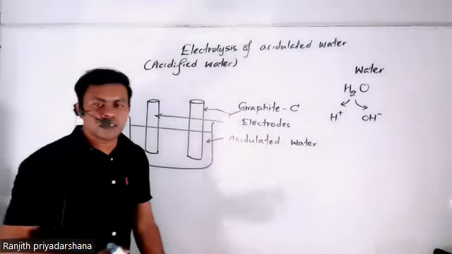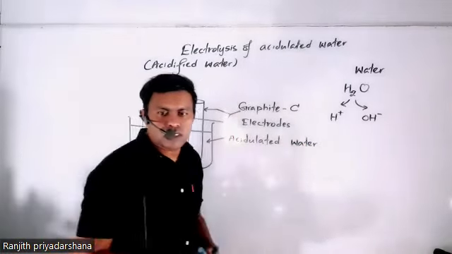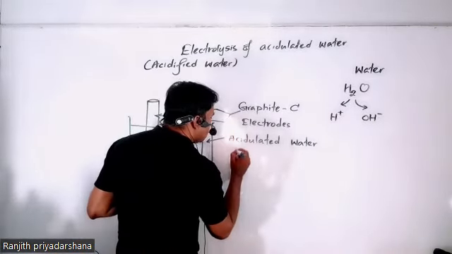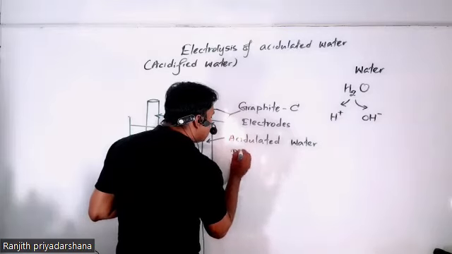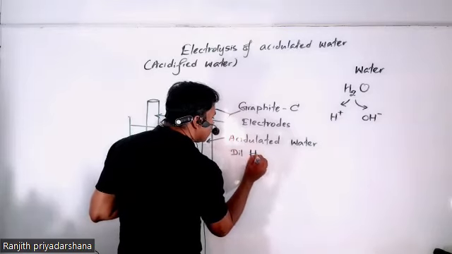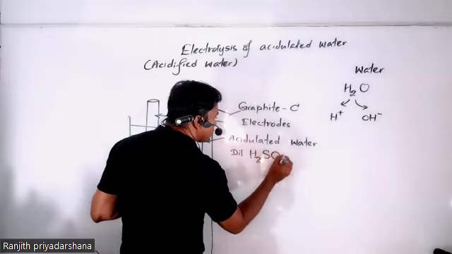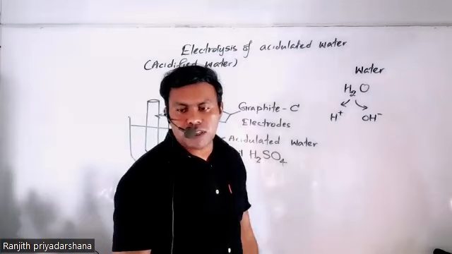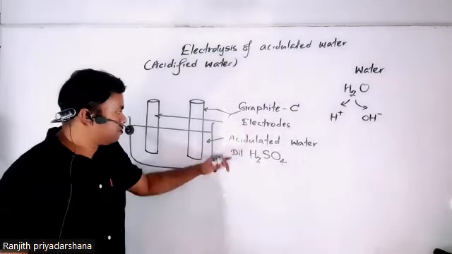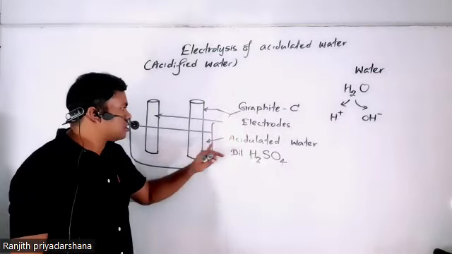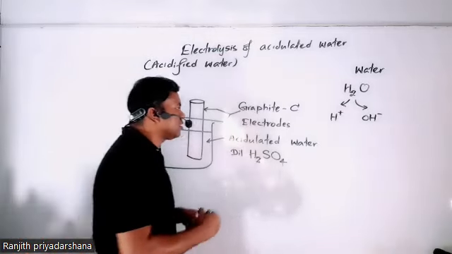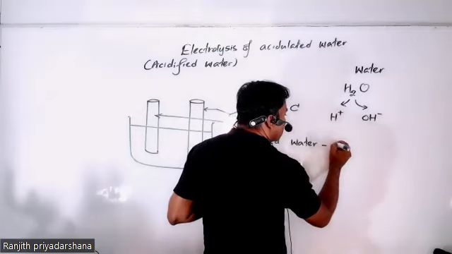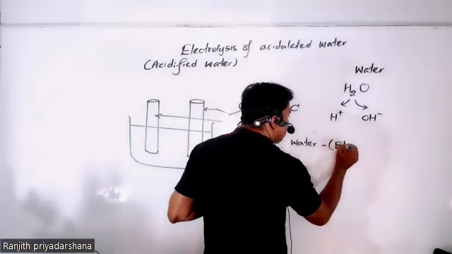Actually, you acidulate this by using dilute sulfuric acid. Right. Here you have to know several terms. This acidulated water is the electrolyte. You learned about electrolytes and non-electrolytes. That's the electrolyte we use here.